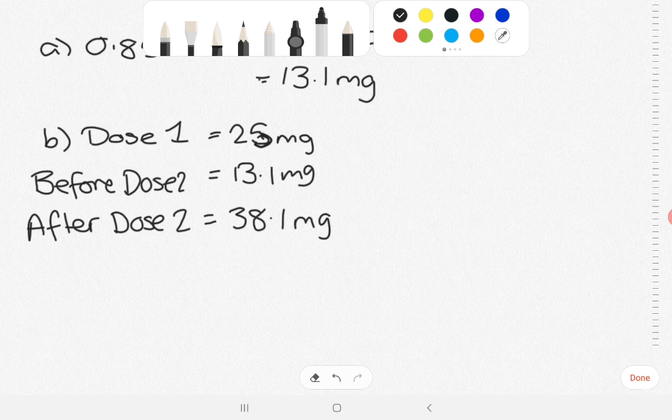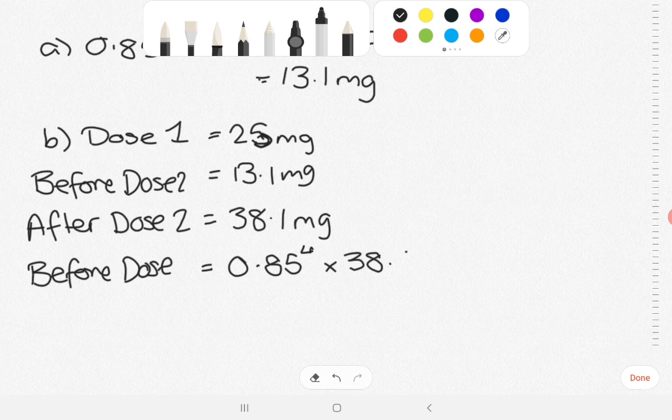So after dose 2, it's above the 20, but what happens after those 4 hours, just before you give dose 3? Just before you give dose 3, you'll have lost those 4 hours at 15% an hour on this new number, this 38.05 or 38.1, and we're going to get somewhere in the region of 19.8624. I did my calculations with 38.05, so if you've used 38.1, it might be slightly different, but we're in that region.